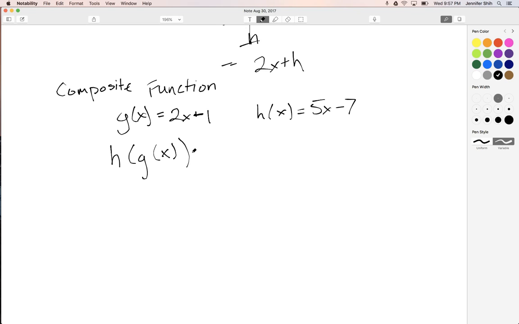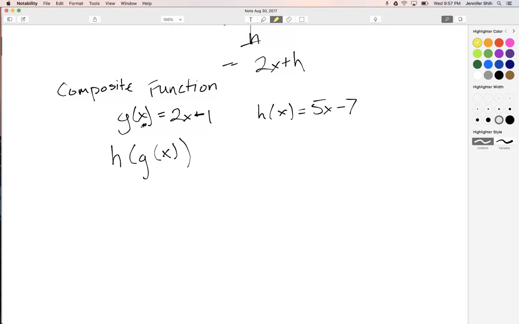So what this means is you evaluate g of x and then you plug in g of x into h of x. So what you could do is take this entire thing, 2x minus 1, and you could write it in here. You could do that.